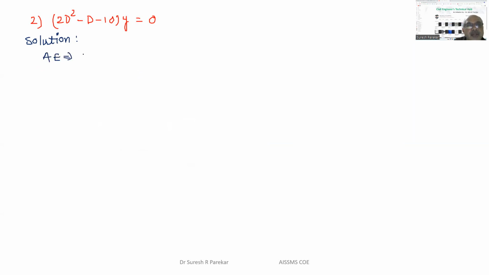So we have 2m² − m − 10 = 0. Now AC is 2 into −10, that is −20. So we require roots of this −20 whose multiplication is −20 and addition is −1.